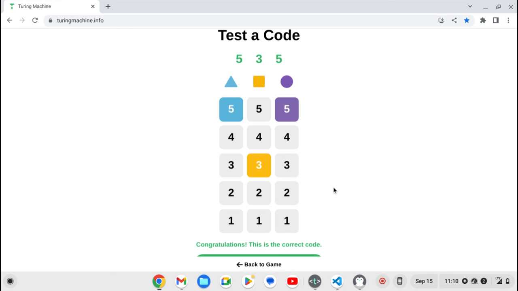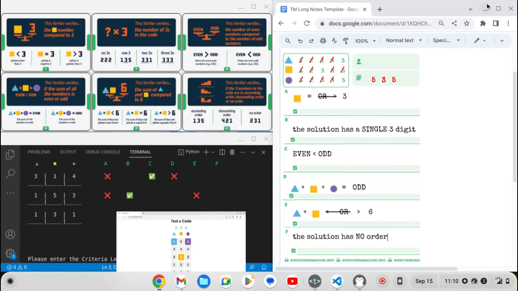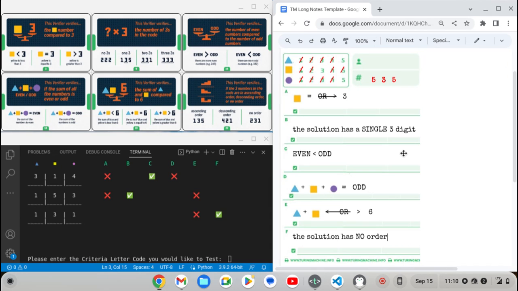Now let's actually see, did we beat the Turing machine? Well, out of the 6 criteria cards, we did 8 tests, and we duplicated both A and E. So we'll see how we did. I've seen the Turing machine take 8 turns. We have in this puzzle, and we'll see how we did.